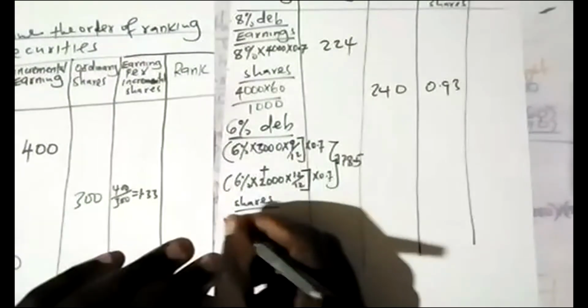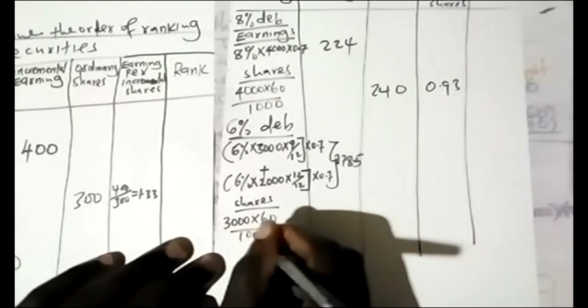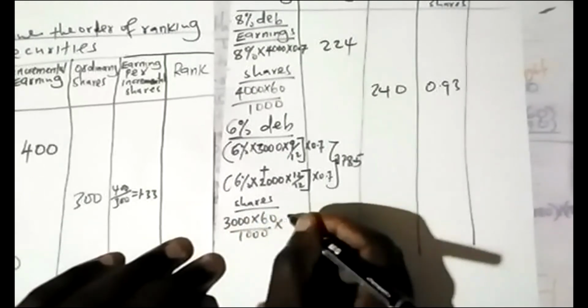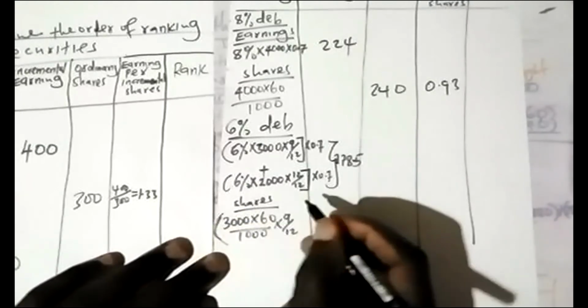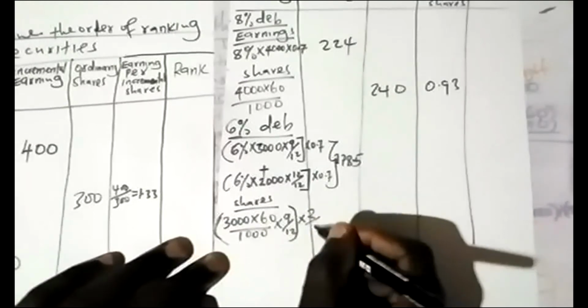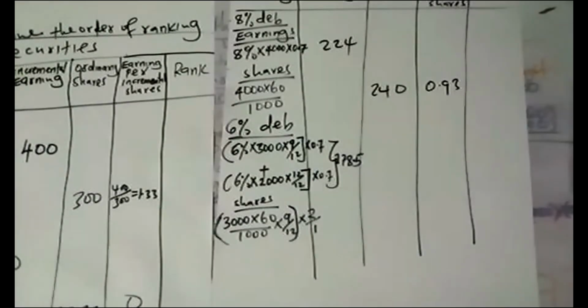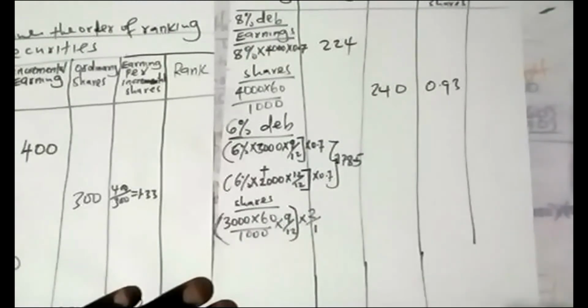So I would say 3,000 times 60 over 1,000, times 9 over 12, up to the conversion date. And remember, you have to apply 2 over 1. Why am I applying 2 over 1? The split. Because the total 5 million was issued in 2010, which is before the split. So that is why we need to split this one.